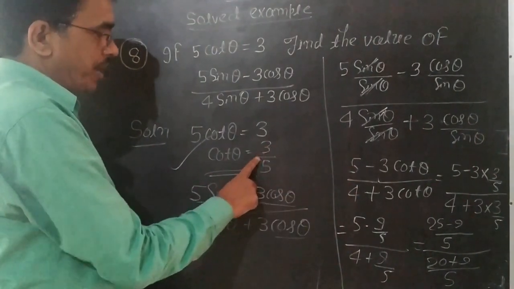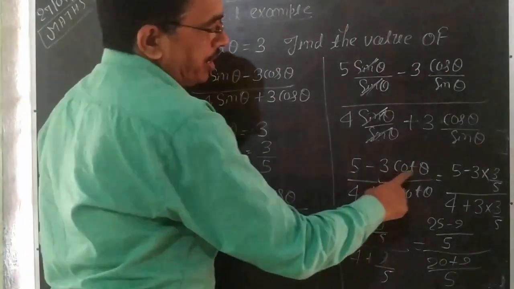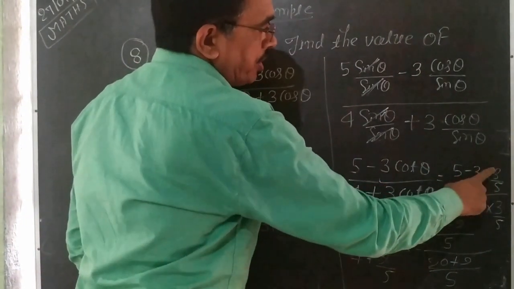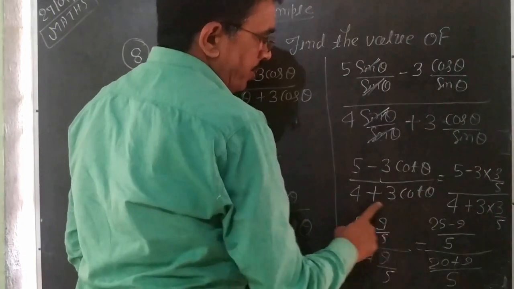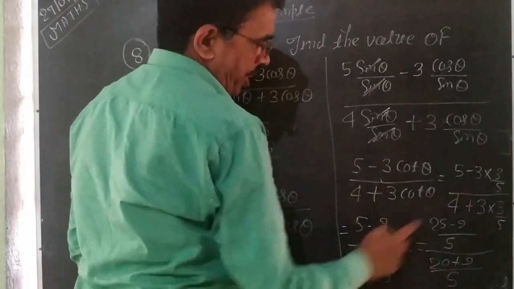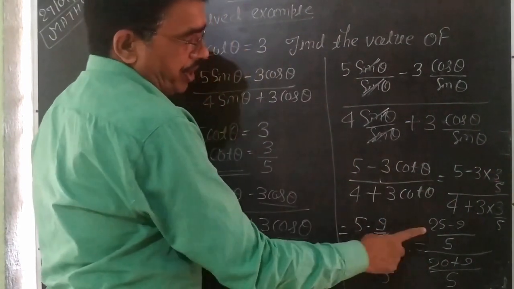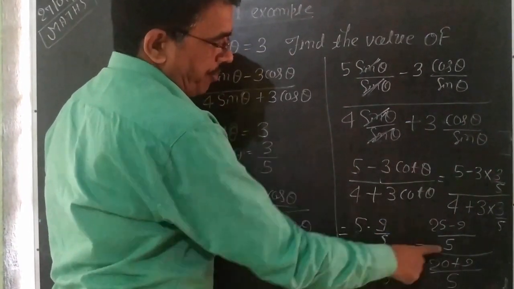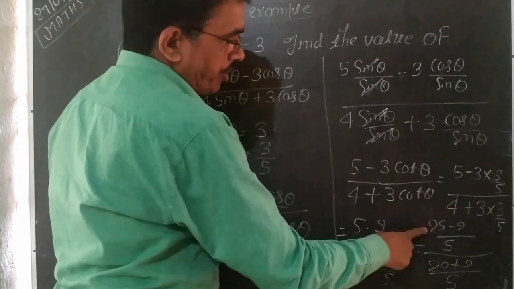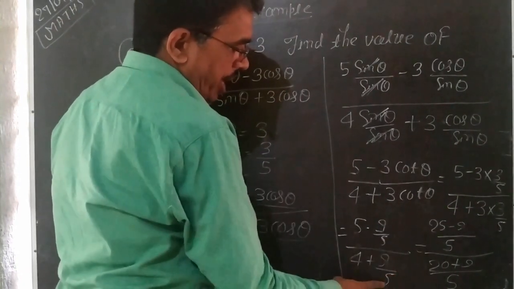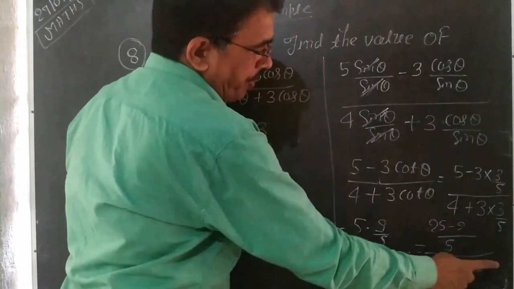So we only substitute the value of cot theta, then you find the solution, with only some calculation. So we write the value of cot theta, 3 by 5, here. We write 5 minus 3 into 3 by 5, and 4 plus 3 into 3 by 5. What do we get here? 5 minus 9 by 5 and 4 plus 9 by 5. We take LCM 5, that is 25 minus 9 by 5, and here LCM 5, then 20 plus 9.